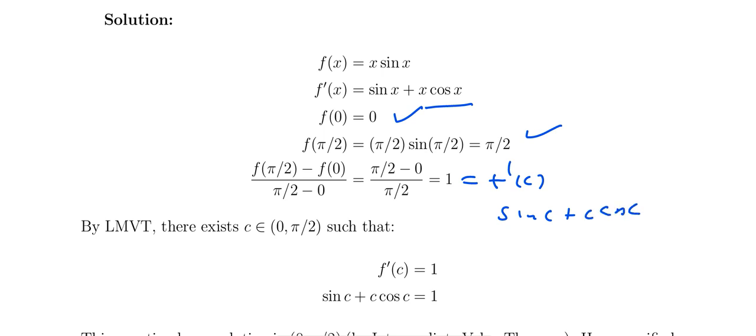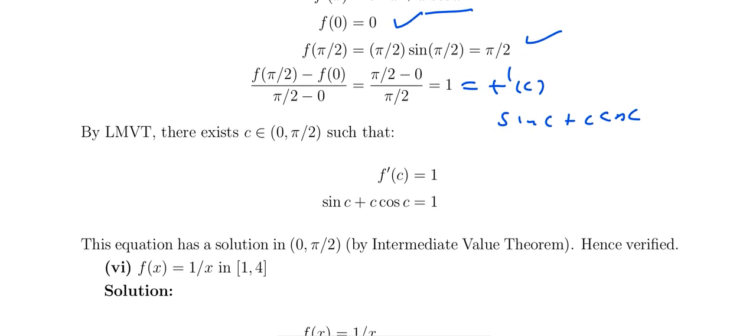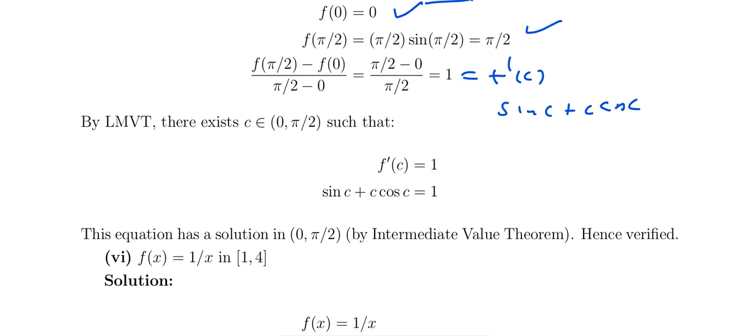If c cos c is equal to 1, how do you find the solution? So the equation has a solution in 0,π/2. When you apply the intermediate value theorem, any value between f of c... solving this is really difficult.